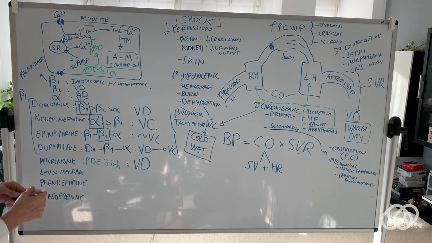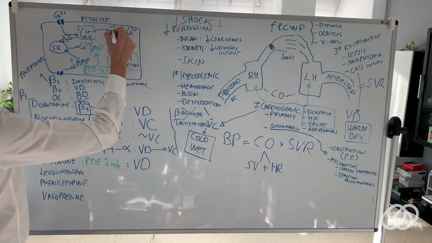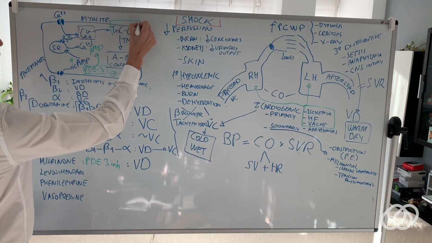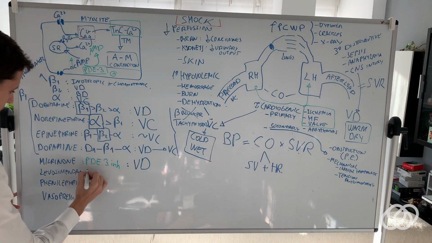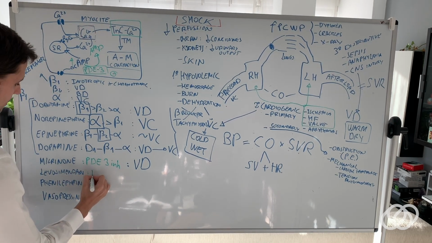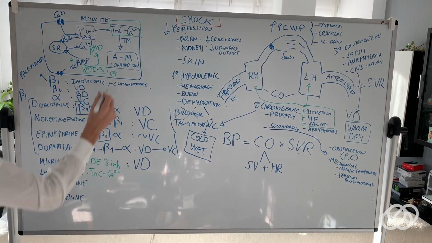So what levosimendan does is stabilize the joining between calcium and troponin C. So it acts on the complex of troponin C and calcium.